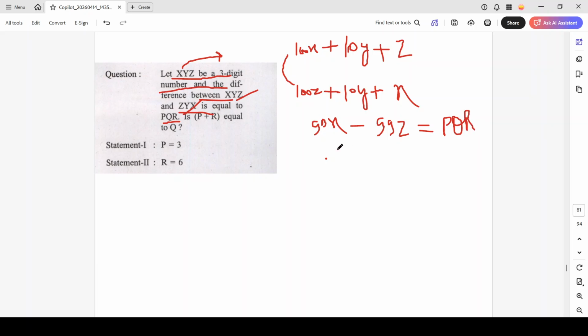So simply it is (x minus z) into 99. So this is saying that P plus R is equal to Q. So what will PQR be? A multiple of 99. So if we just write the table of 99.